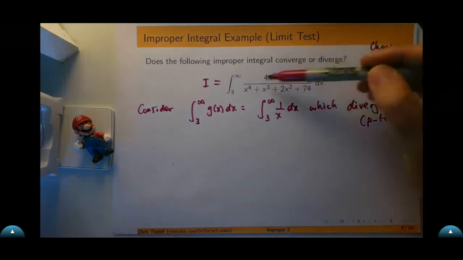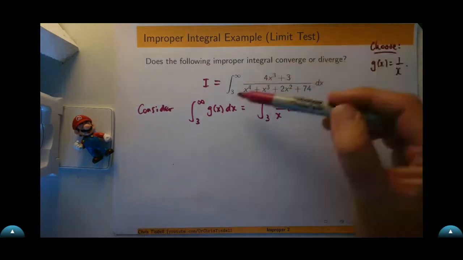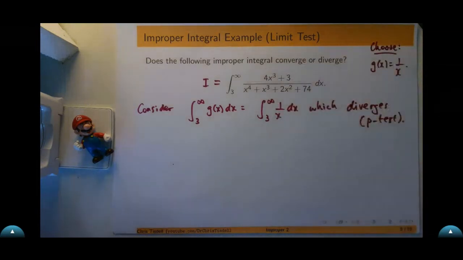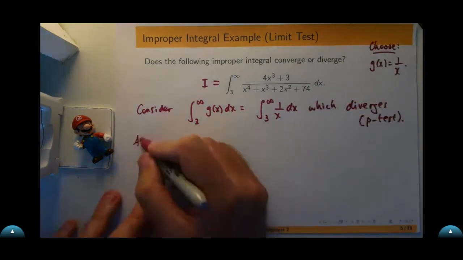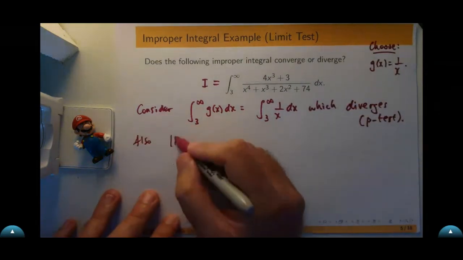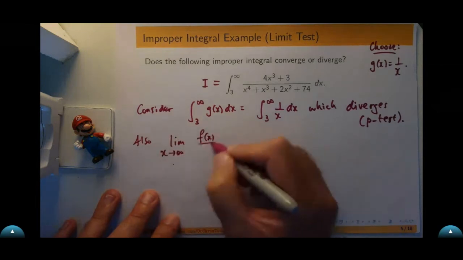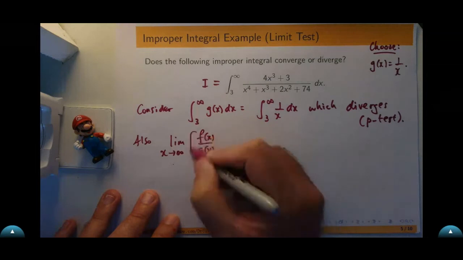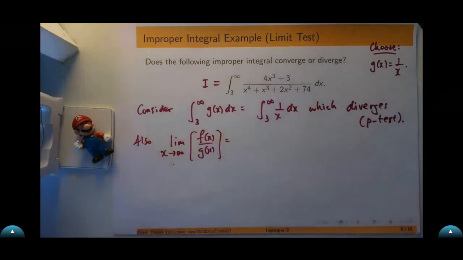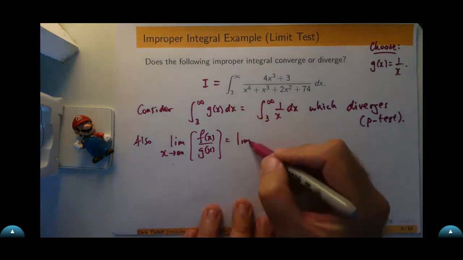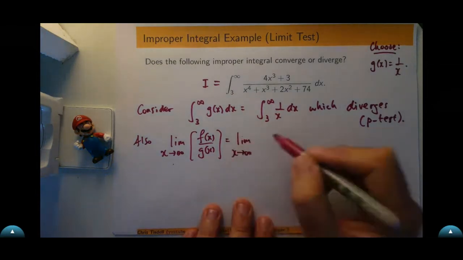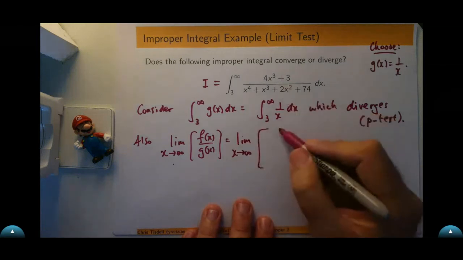So then let's look at the limit of this over this. It's going to be a little bit messy. So we're going to get this.